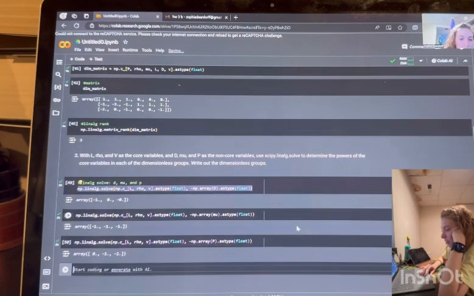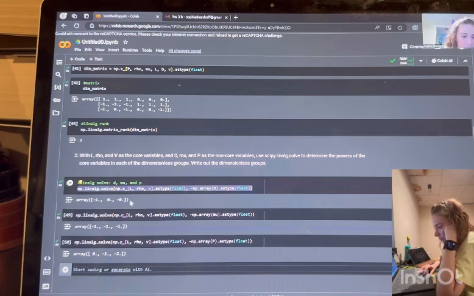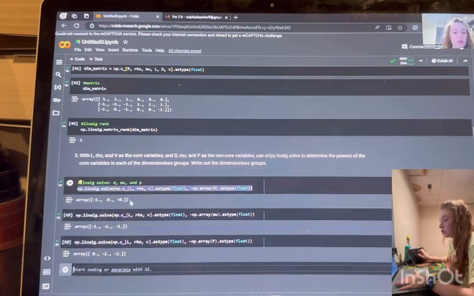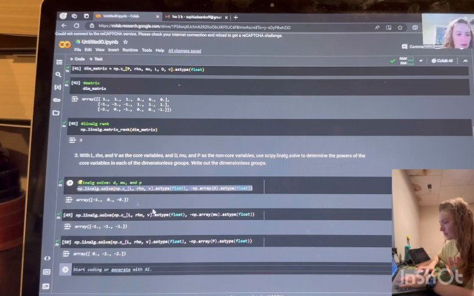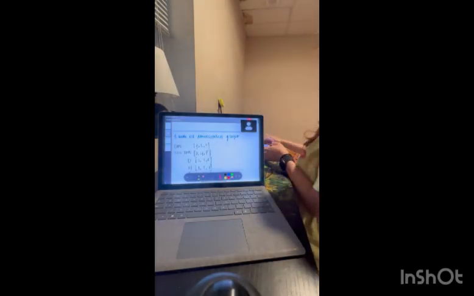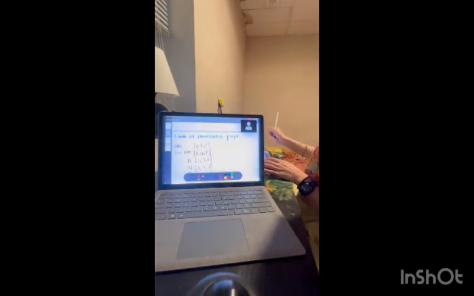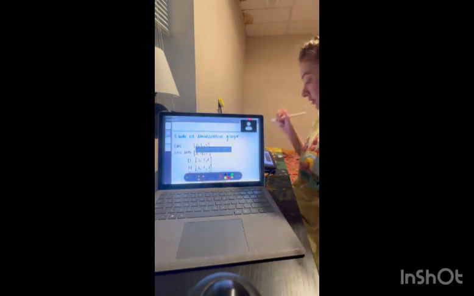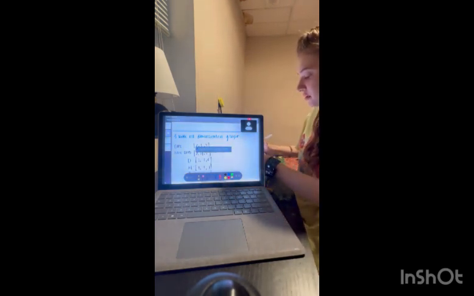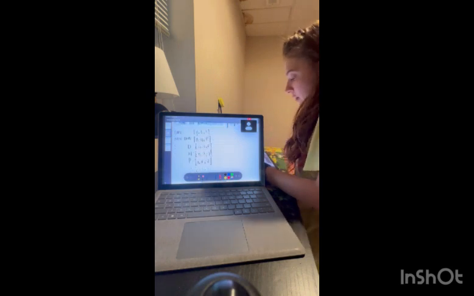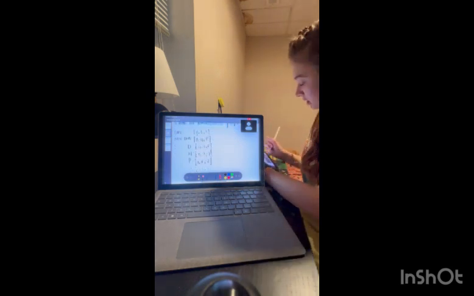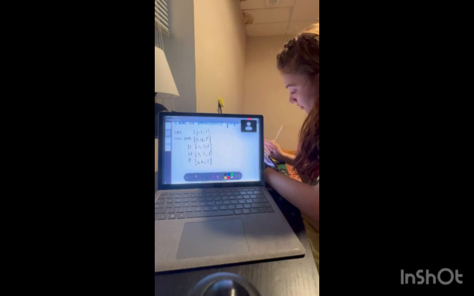And those are going to be our, I'm gonna switch over to my iPad instead to write out the actual dimensionless groups with the variables in the right place. All right. Continuing homework 4, part B, question 3, we're writing out the dimensionless groups from the matrices that we found. And I already went ahead and wrote what we found in our work here.